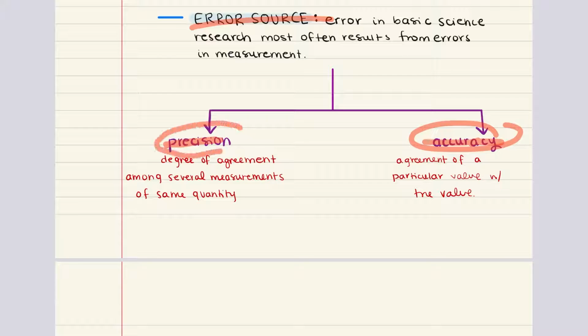Precision, also called reliability, refers to how consistent repeated measurements are, even if they aren't close to the true value. If every measurement of plant height is exactly 8.5 centimeters, then the experiment is precise, but it's not accurate.